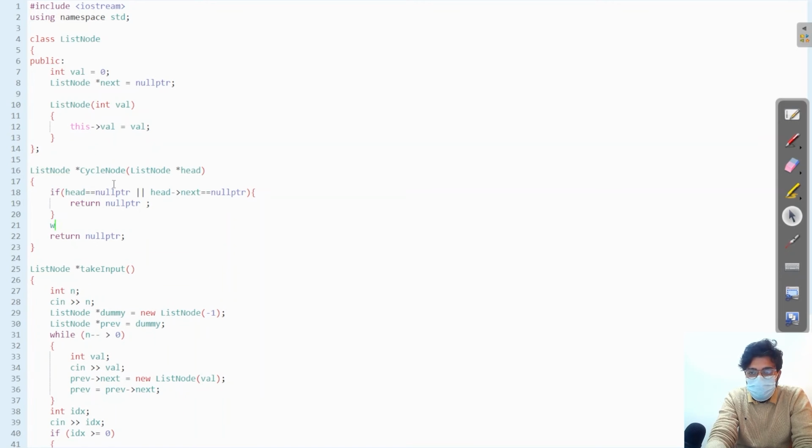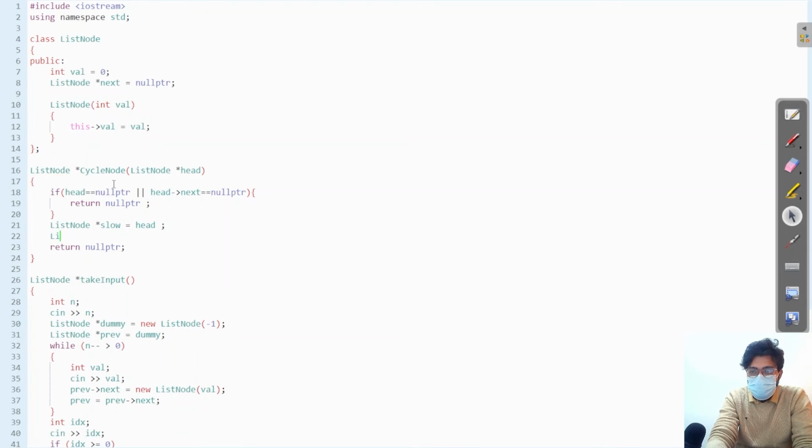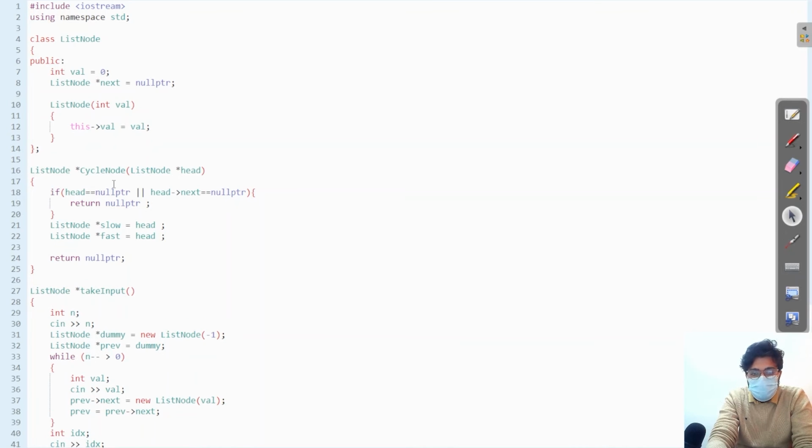After that, we have to make our fast and slow, right? So ListNode asterisk slow is equal to head. Again ListNode asterisk fast is equal to head. Then a while loop: fast is not equal to null ptr, and fast of next is not equal to null ptr.